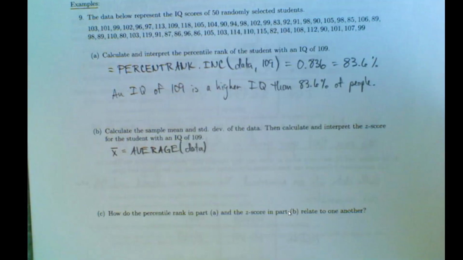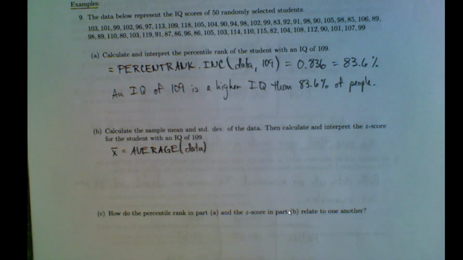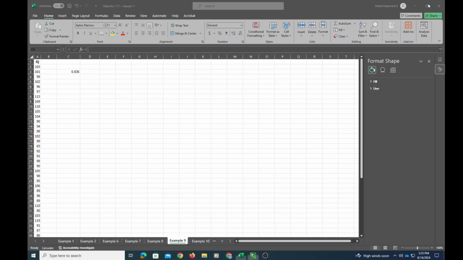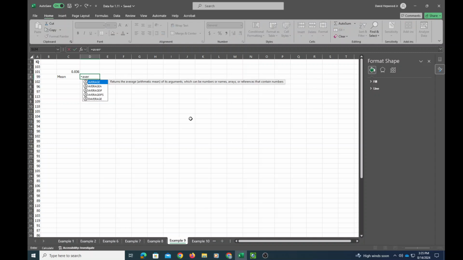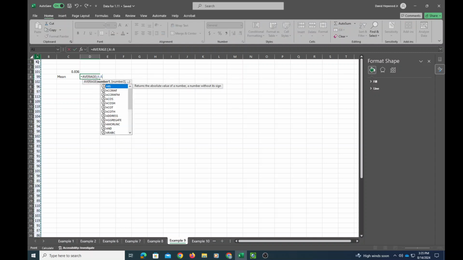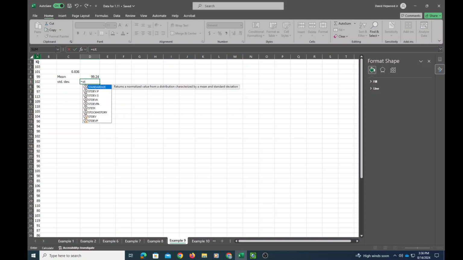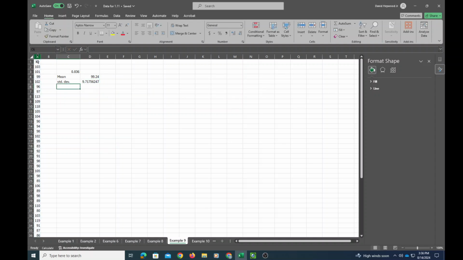We've been doing this all throughout this section, but we haven't been really showing our work, so let me at least show our work on this last part. Equals average of the IQ scores. And for the standard deviation, we'll do a similar thing. We'll say equals STDEV.S for sample, and compute the standard deviation there.